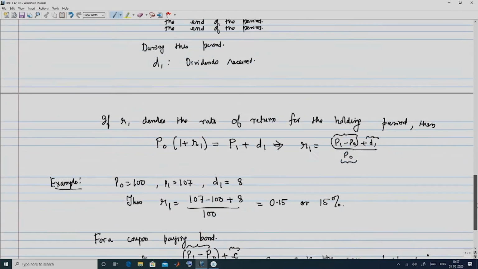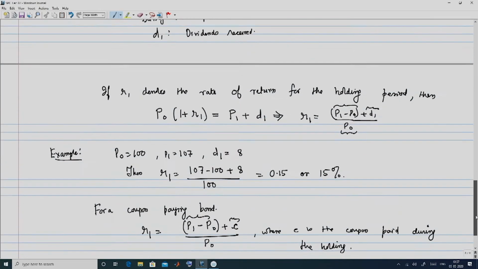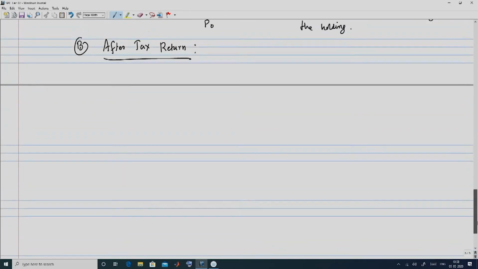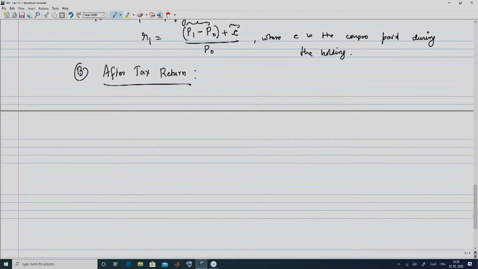Now let us look at the next thing, which is what is known as the after tax return. We will now generalize the definition of returns for the holding period to include tax liabilities that arise. For the after tax return, I will introduce two notations.